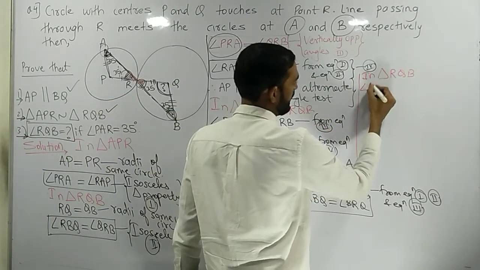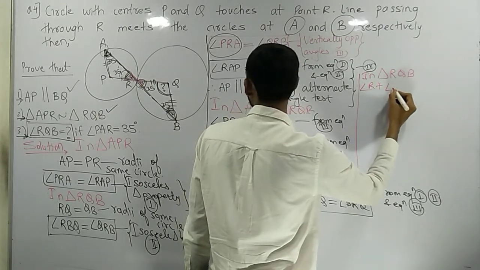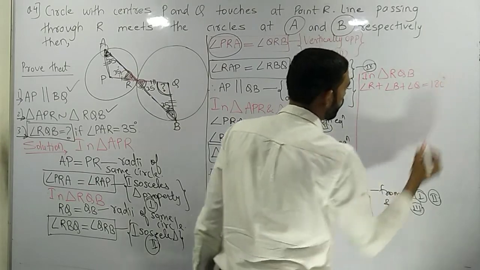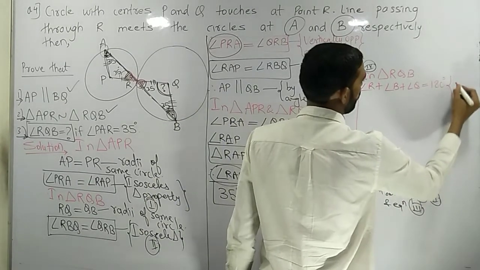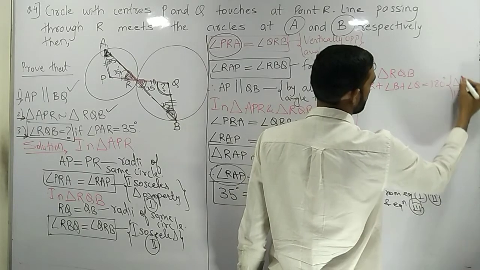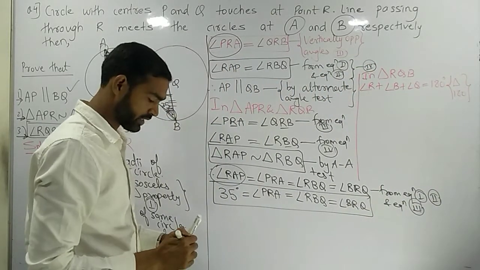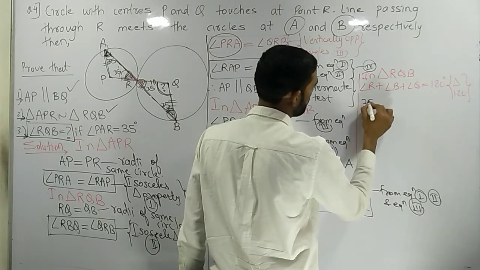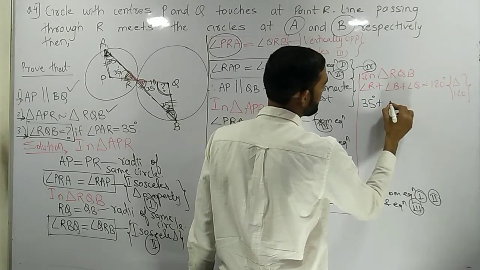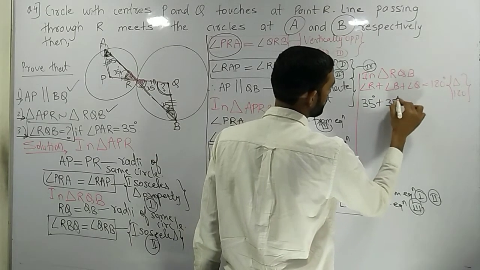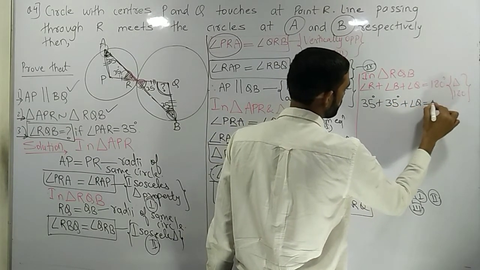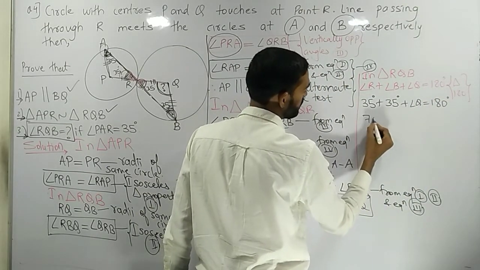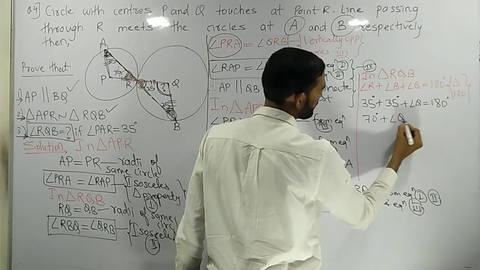So in this triangle, angle R plus angle B plus angle Q together will give me 180 degrees, and the reason we all know is the sum of angles of a triangle is 180 degrees. Now let's put in the values. Angle R we know is 35, angle B again 35, but angle Q we don't know, and this is 180 degrees. 35 plus 35 is 70 degrees. Angle Q as it is.